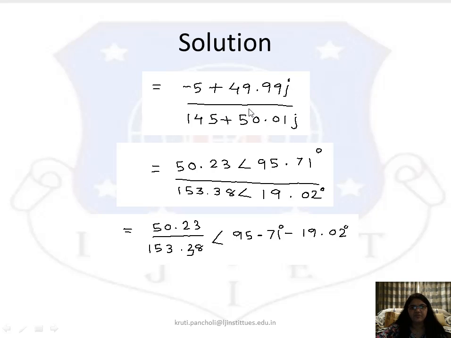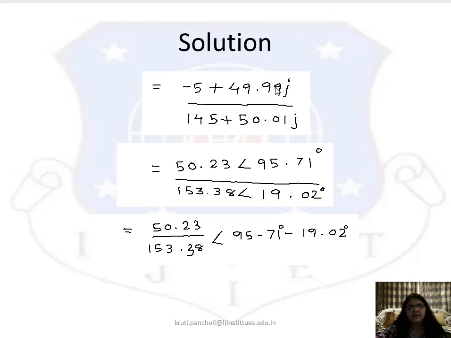Now to do this kind of mathematical operation, we need to convert from rectangular to polar. You know how to use the calculator for converting this. I'll just tell you that on the calculator you can see POL is written. You have to press that POL.